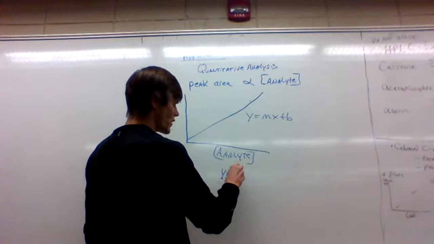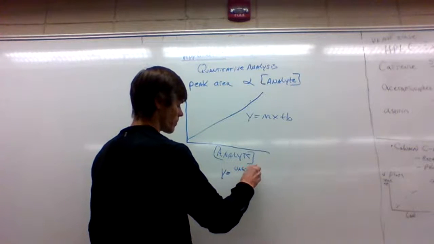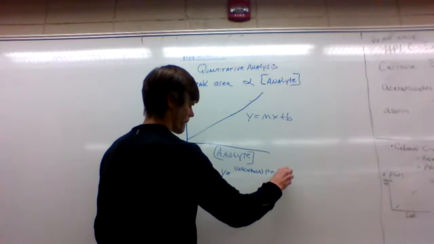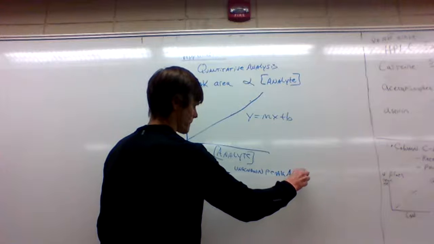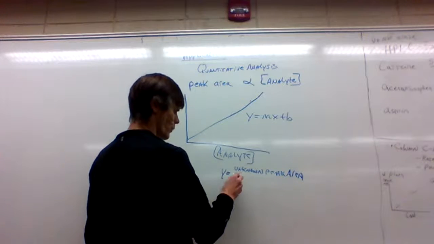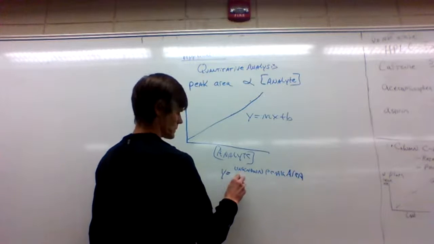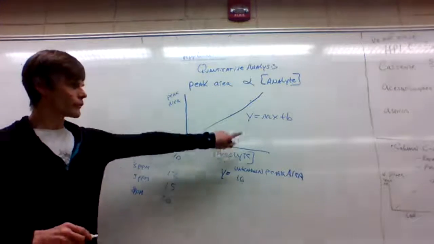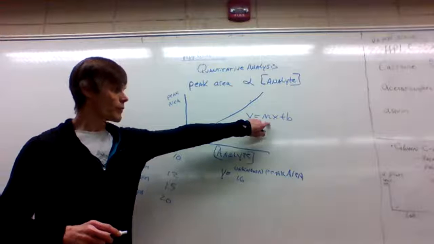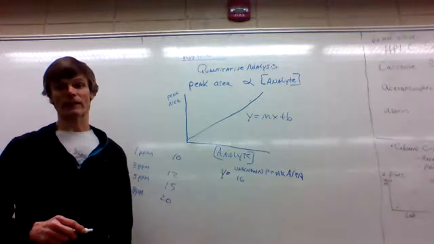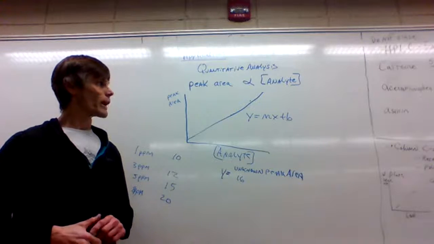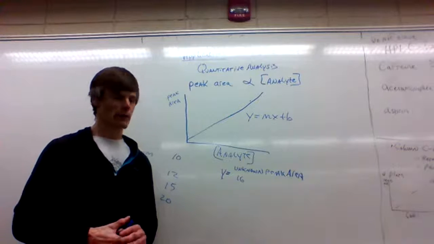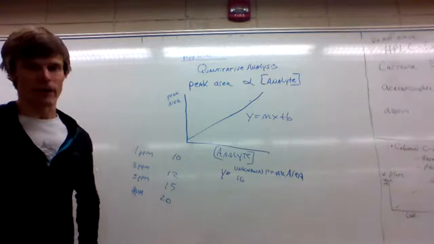Y would equal the unknown's peak area. What if this was 16? You would plug this into your equation, solve for x, and that would be the analyte's concentration. You guys have done that in a lot of the exercises that we've done in prior testing environments.